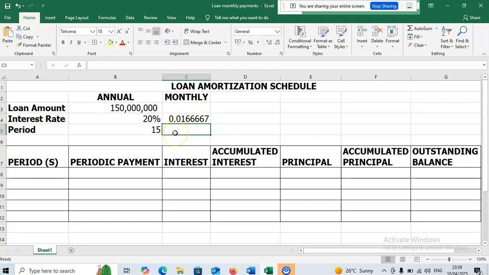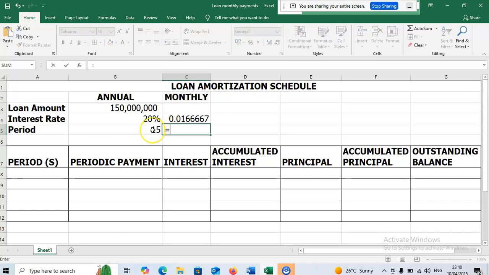Now how about the periods? Do we divide or do we multiply to get years in months? Remember, these are 15 years. How do we convert them to months? So to convert them in months, you have to multiply.